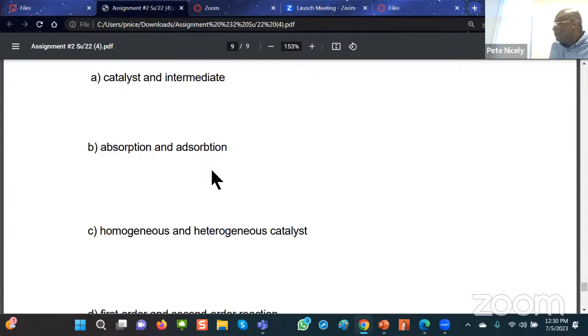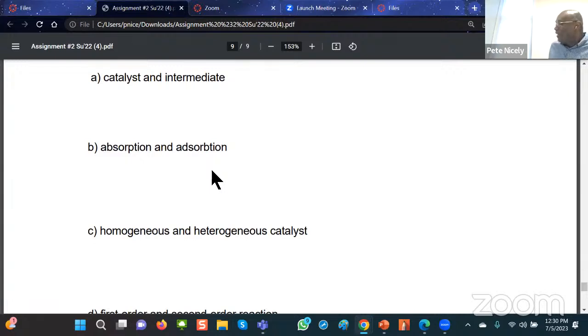All right. Again, you're partially right. You're right about the adsorption part. When something is adsorbed onto something, basically the molecules of one substance are clinging or sticking to the surface of another substance, right?